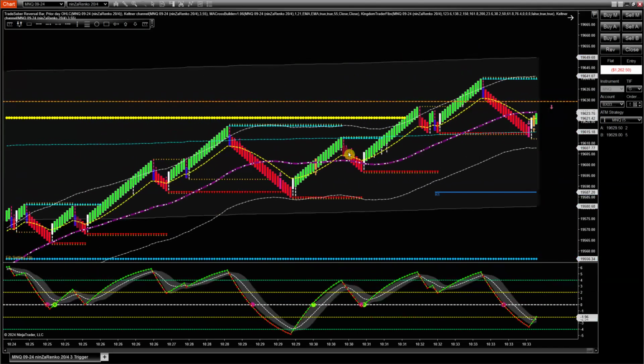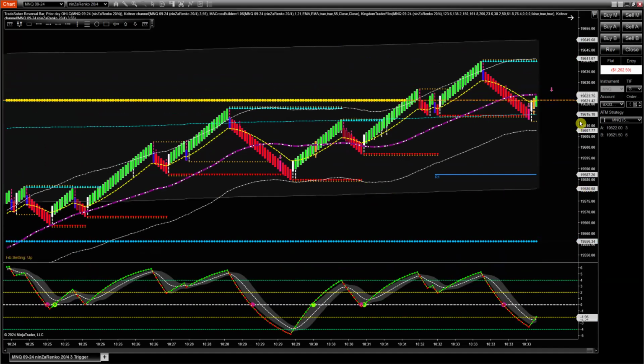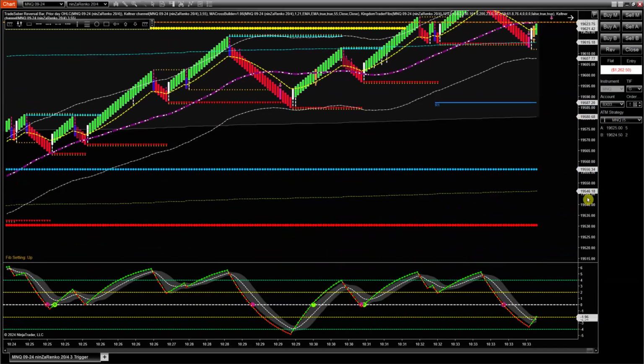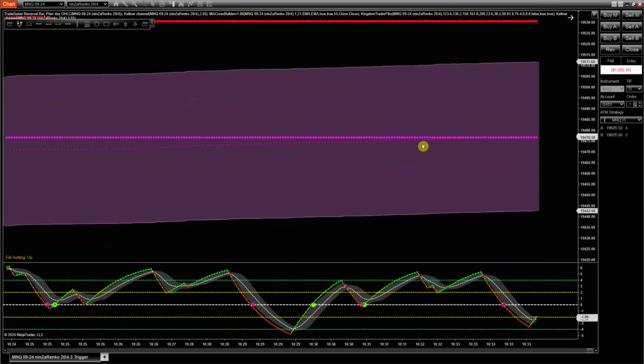You have the +1 deviation, the +1.25, and the +0.75. Down here you have the +0.5, then the +0.25, and then the VWAP right there.